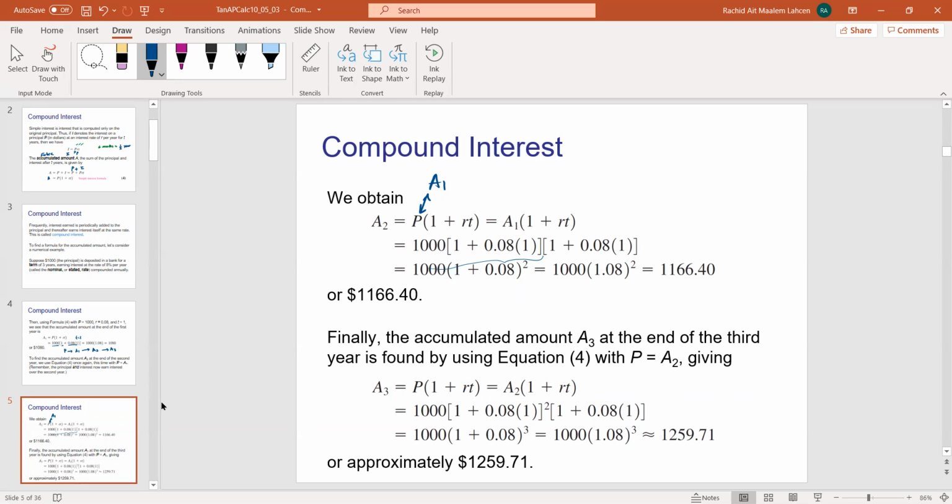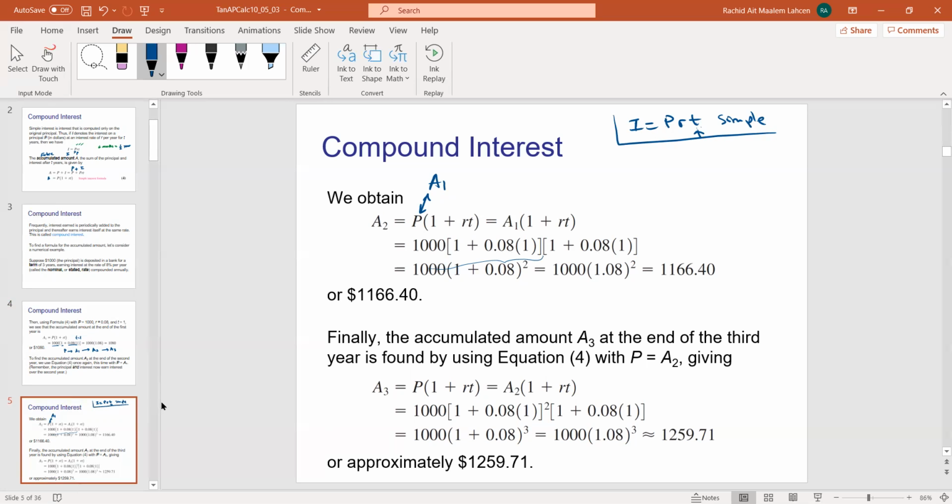Unlike simple interest, which doesn't do that. You just have interest Prt, and that's it. So for 2 years, it's multiplied by 2. If it's borrowed 10,000, then 10,000 times the rate, 8%, times 2 years. That's for simple interest. Compounded interest doesn't work that way.